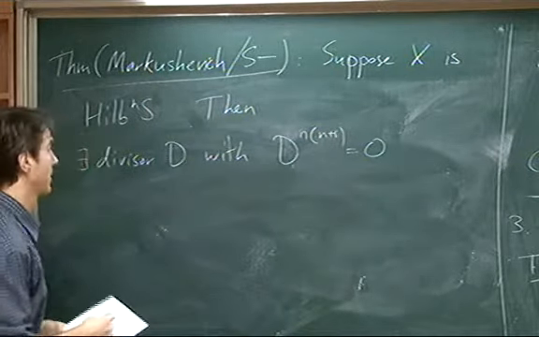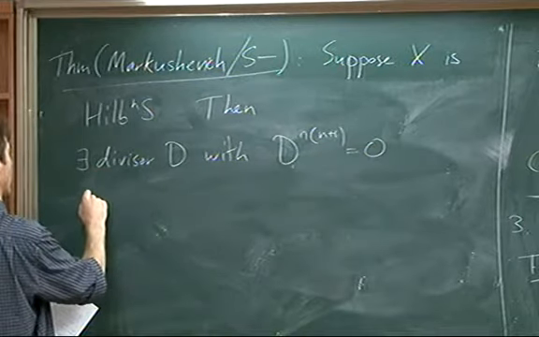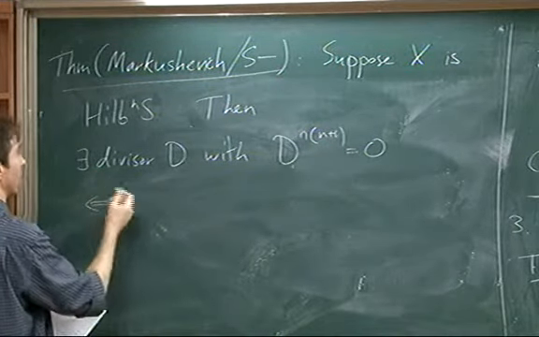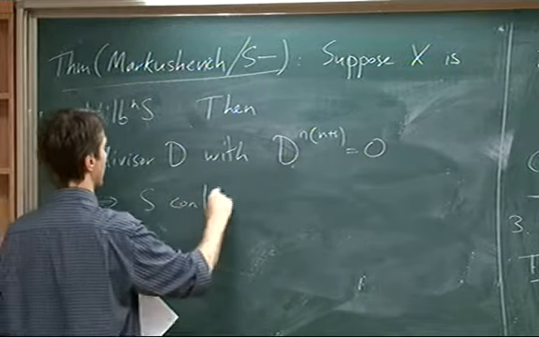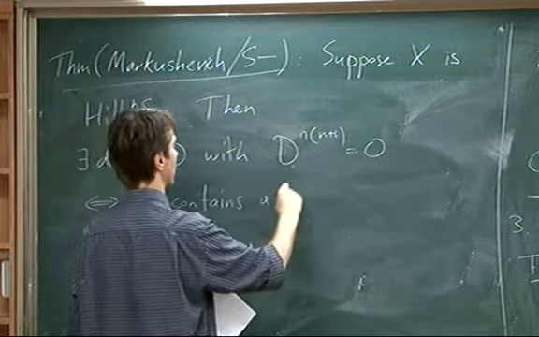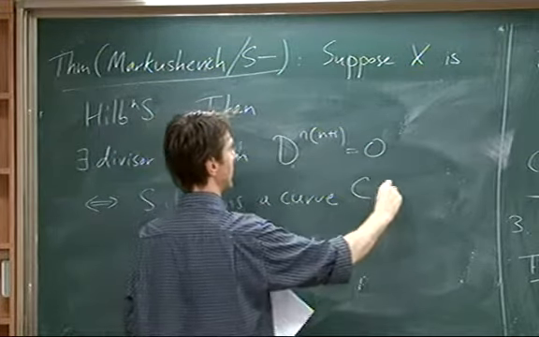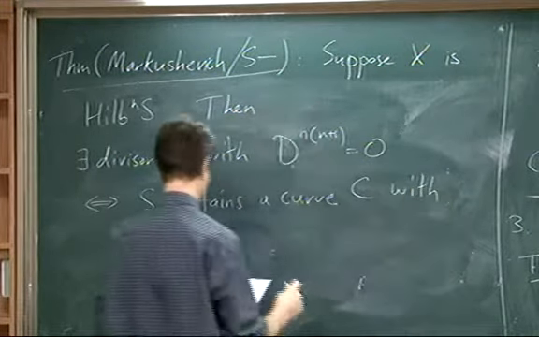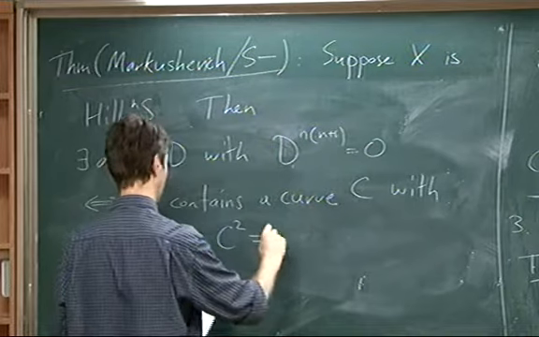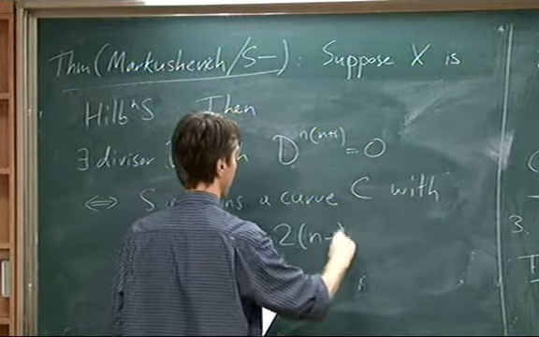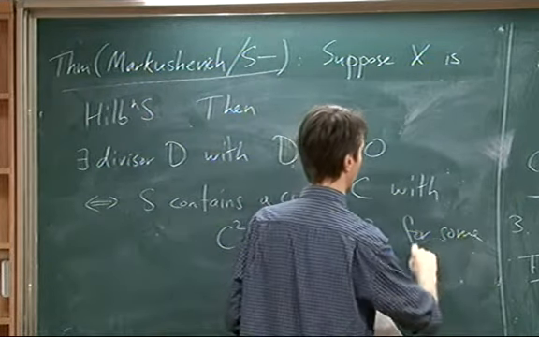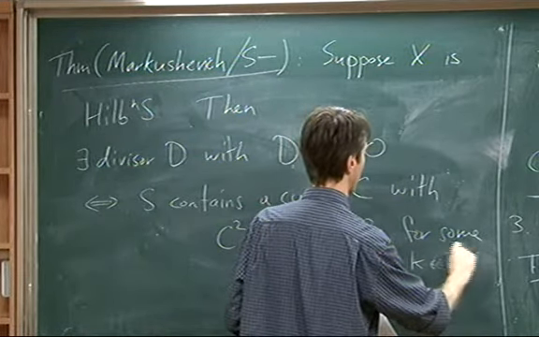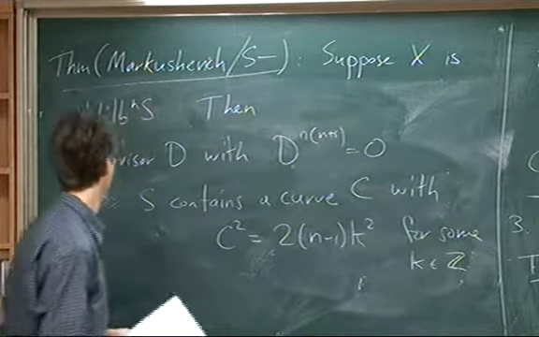Well, this happens if and only if the K3 surface itself contains a curve C with C squared equals 2n minus 1 times k squared for some integer k.